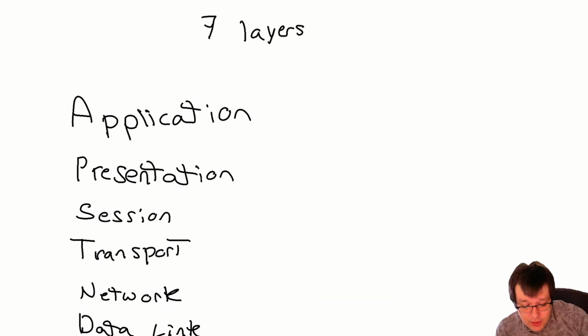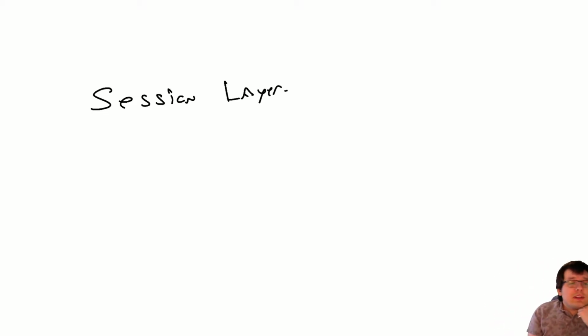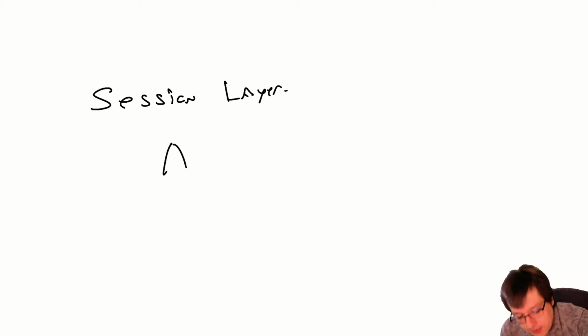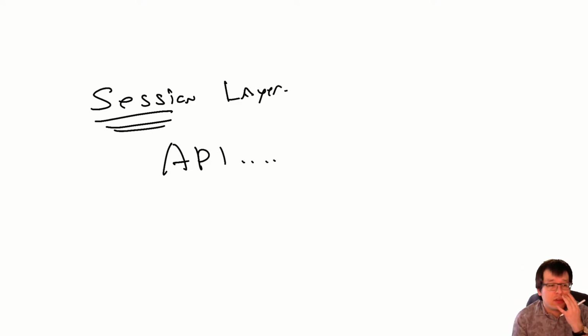From there, we go to the session layer. The session layer is kind of tricky. That is where your APIs typically tend to live. What the session layer does, as the name implies, is establish a session or connection between both computers, right?